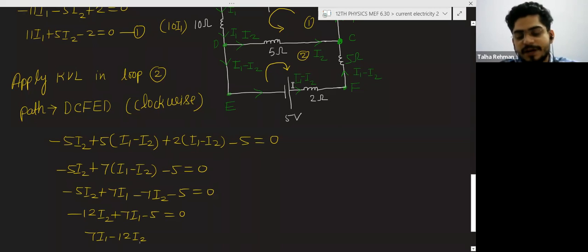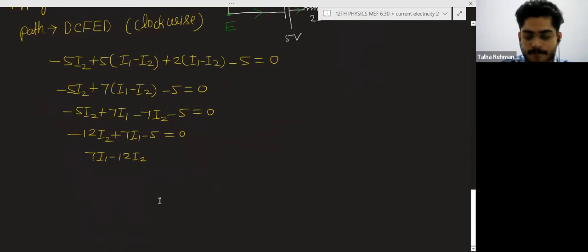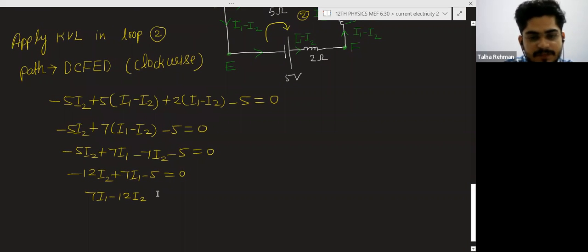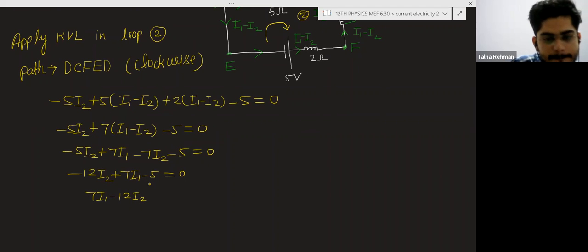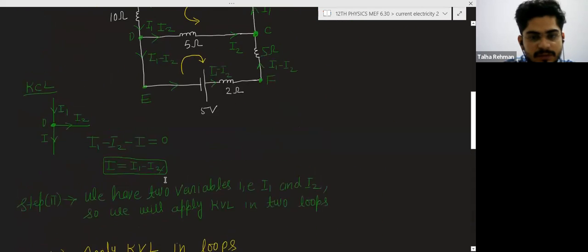You are moving from higher to lower, so you will take this as minus 5. This is minus 5 I2, this is 7 I1, 7 I2, and this is minus 12 I2 plus 7 I1 minus 5.